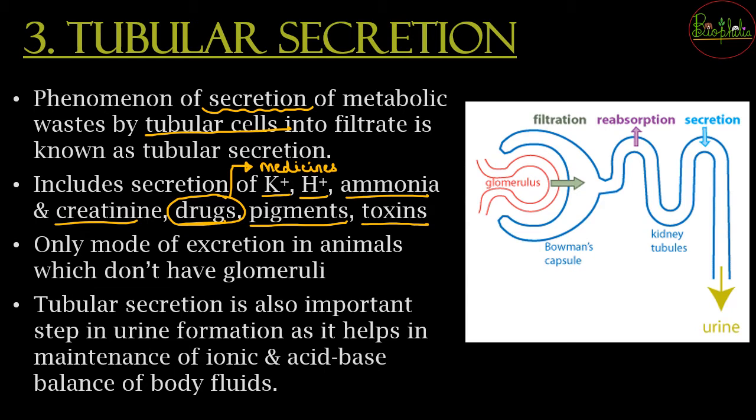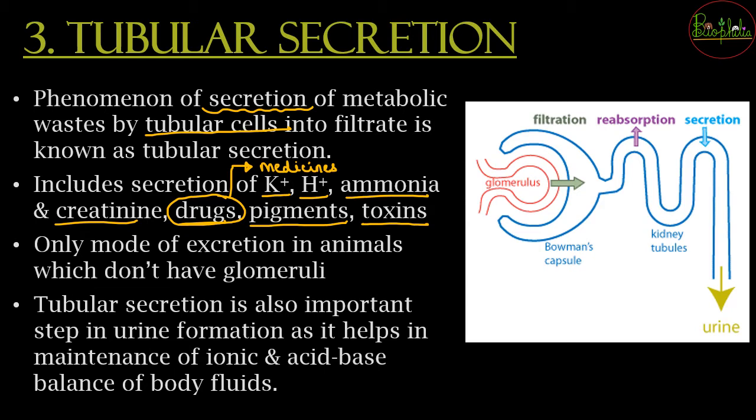So once it reaches the blood, from the blood it goes to the kidney, and from the kidney it is going to get excreted out in the form of secretions from the tubular cells. So tubular cells ये drugs को या ये जो गोलियां खाई थी ये गोलियों को through urine it will be passed out.